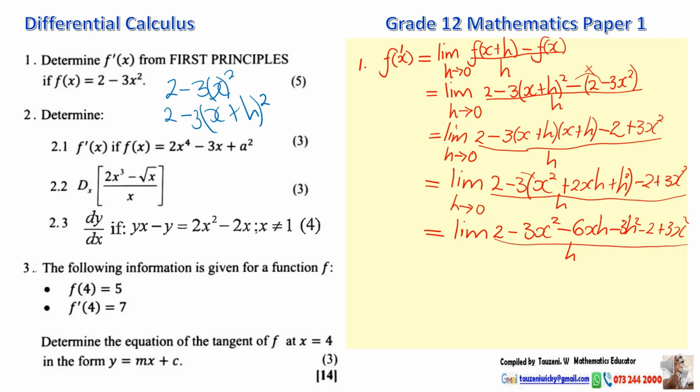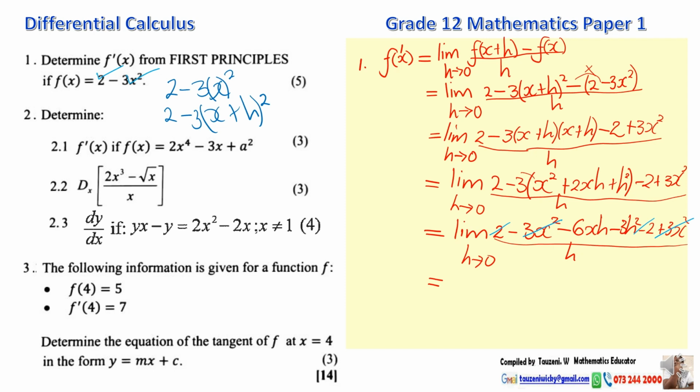After simplifying my expression to this level, you can do a quick check to make sure that your answer is correct. When you get here, the original terms of your expression, which are 2 and negative 3x squared, subtract each other to become 0. So there is 2 here and minus 2. 2 minus 2 is 0, and minus 3x squared plus 3x squared gives me 0 as well.